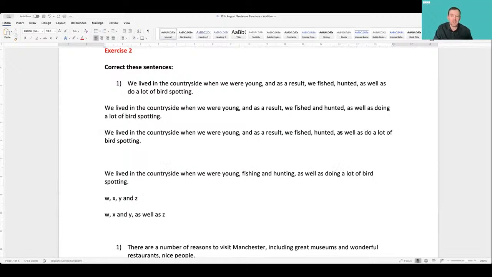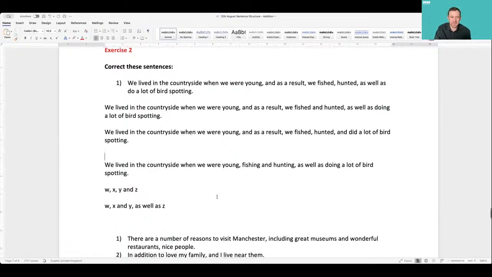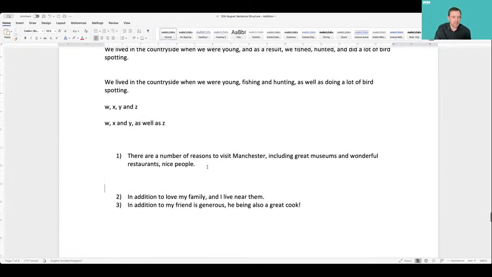We fished, hunted, and did. Yeah, because when we do verbs, we have to make sure that we've got the right tense. We don't have to worry about tense when we say as well as, because it's going to be a gerund that follows it. Okay, all right, next one.